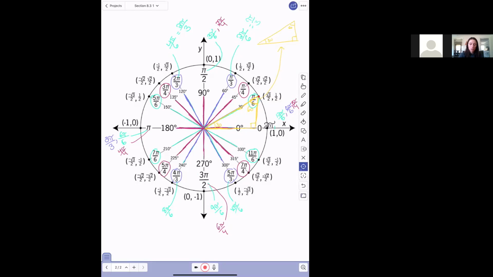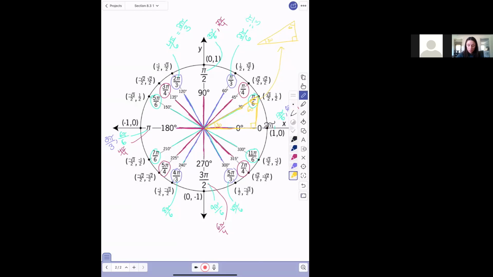Then this circle, these points tell us exactly where on that graph the points for each angle end up intersecting the circle. Okay, so in order to figure out those points, we have special right triangles that help to pave the way.